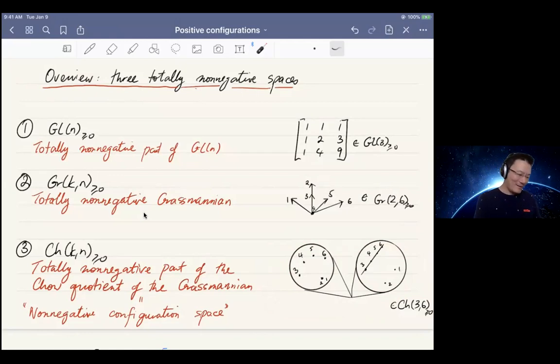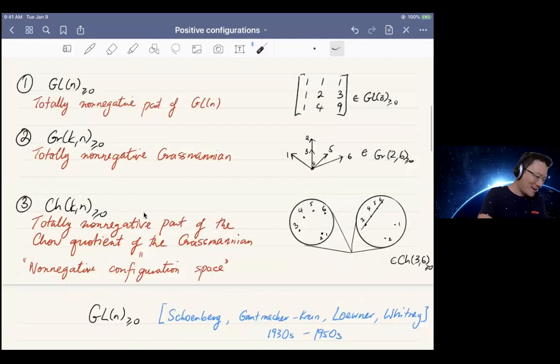This point configuration is considered up to PGL2, so projective transformations won't change which point in the topological space I'm after, but a point in this topological space is represented by such a picture.